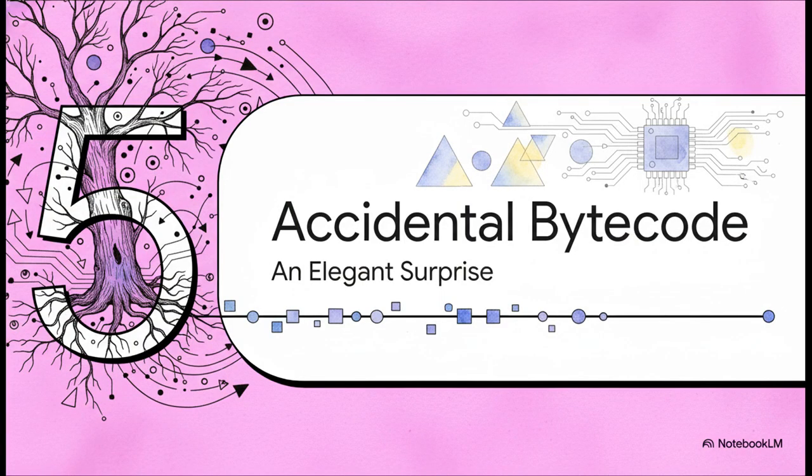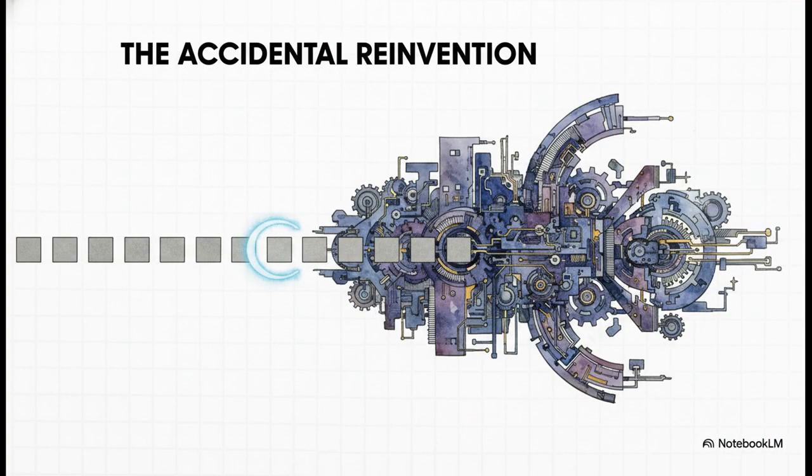This shift from a tree walk to a simple linear scan leads to a final, really elegant surprise. By changing our data structure, we've accidentally reinvented a foundational concept in computer science. This new program, the one that just loops through our array of expressions and executes them in order, isn't really a tree interpreter anymore. It's morphed into something else entirely.